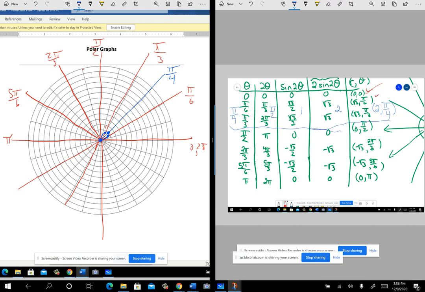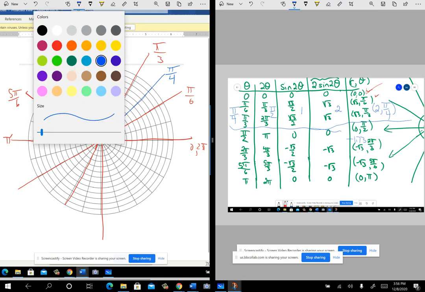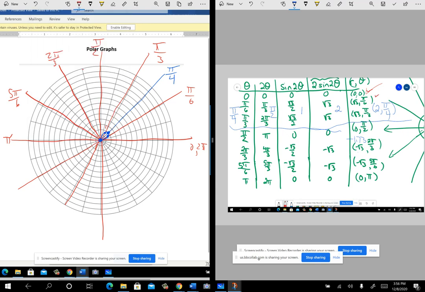All right, so now at pi over 2, we're at 0 again. At 2 pi over 3, I'm at -1.73. So when I get to 2 pi over 3, because the r is negative, I back up. And remember that you have to follow the location where you're at.